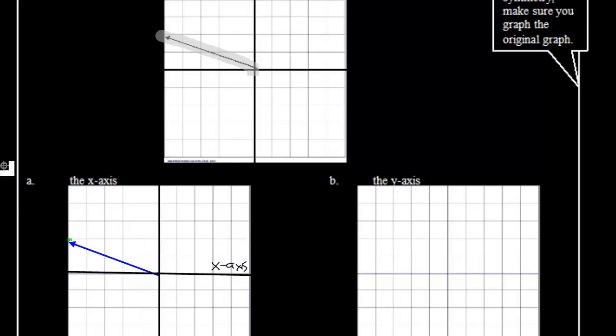So if you were to take this ray that you see here and reflect it over the x-axis, where would it fall? Well, it would fall right here. Now, if you get good at this, you can just look at it and know where it's going to go. If you're not good at it yet, let me try to give you some guidelines on how you can do it.